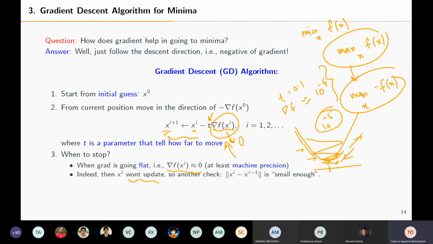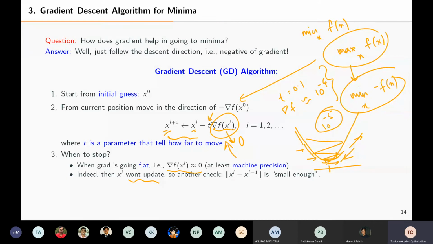But in case you want to maximize, the question is what changes you will make in the algorithm to transform this into a gradient ascent algorithm. So what are the changes I will make in the gradient descent algorithm to make it work for gradient ascent?